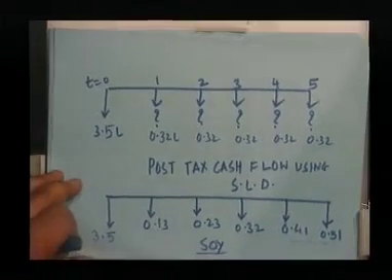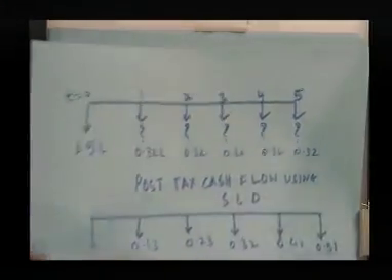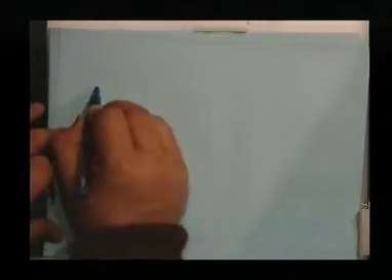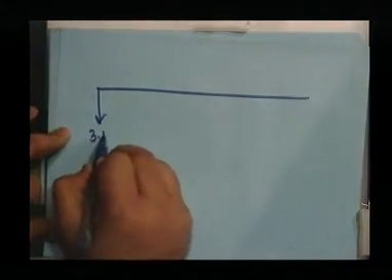I will give you the answer for double declining balance method also. As before, at time t equal to 0, it is 3.5 lakhs.